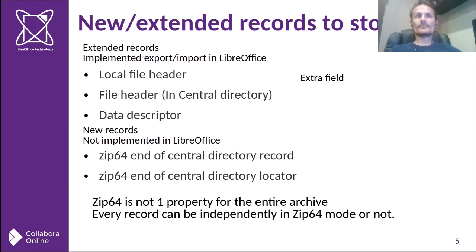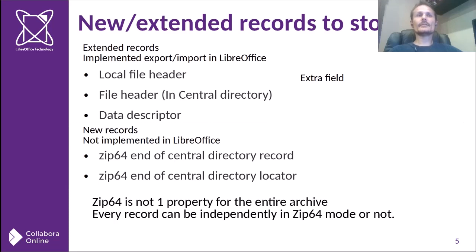It does not mean I use all the values I read, just like the data descriptor, we don't need that data, so we just skip it, but at least I read this data. The local file header and the file header have a smaller part in them, the extra field.